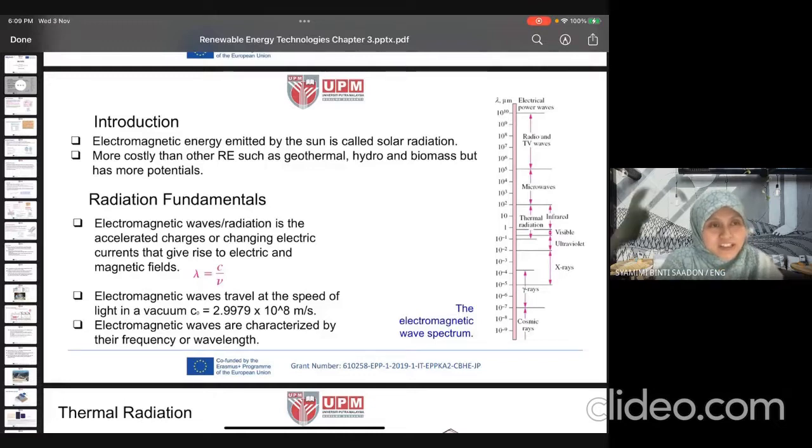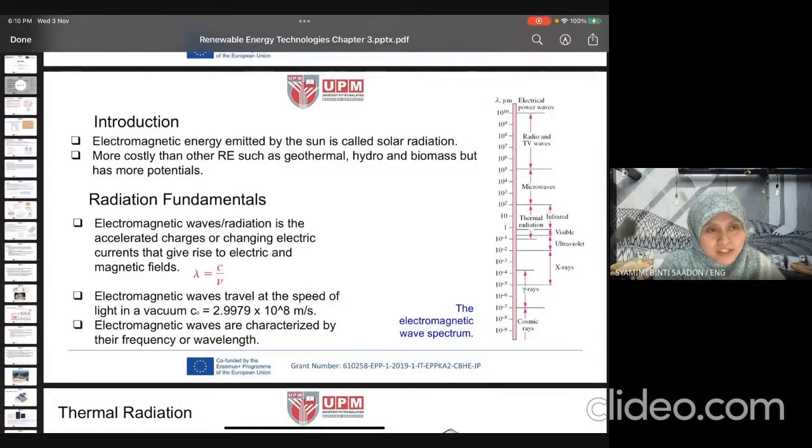Just to recap, if you have learned in thermodynamics or mechanical, there are three types of heat transfer mechanism. One of them is radiative, or radiation heat transfer, which means the heat is transferred by radiation.